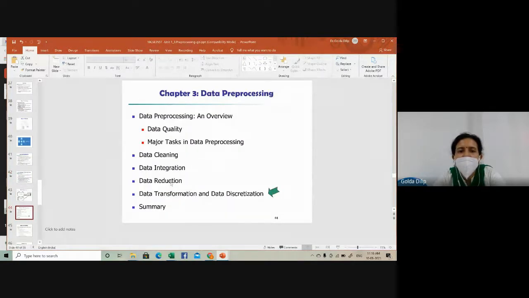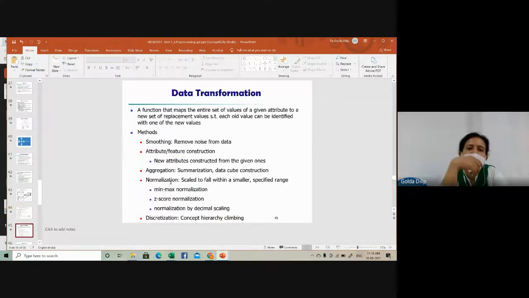Next, moving on to the last step, data transformation. What is data transformation all about? Transforming or consolidating the data into some form, so that your data mining process becomes a little more efficient, and whatever patterns you have found become more understandable.